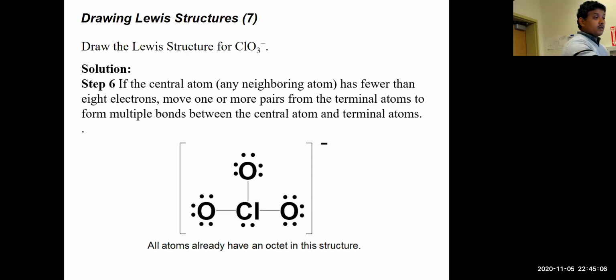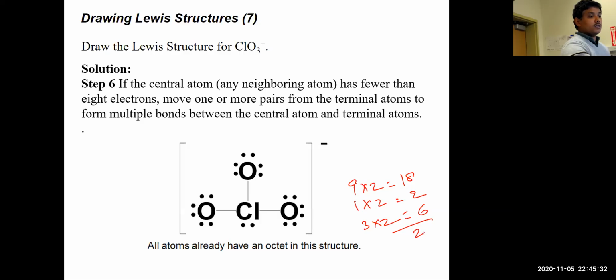3 lone pairs on each oxygen, so there are 9 lone pairs, 9 times 2 is 18. 1 lone pair on chlorine, so 18 and 2. And there are 3 bonds, 3 times 2, so 6 electrons. I'm not counting the negative charge, because I'm calculating how many electrons are on the structure.